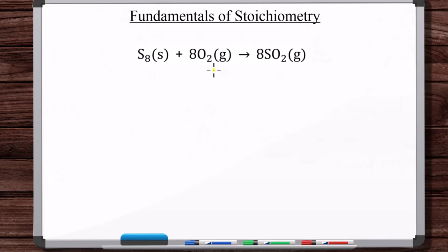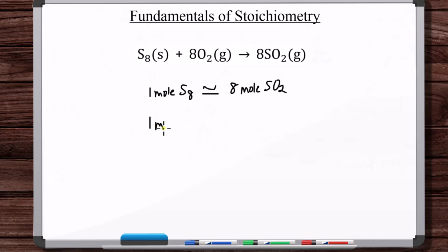Okay, now, using the mole method for any balanced chemical equation, all of the reactants and products are what's called stoichiometrically equivalent to one another. So for this equation, for example, 1 mole of S8 is stoichiometrically equivalent to, and I can pick any of the other substances, the O2 or the SO2, so let's say 8 moles of SO2.